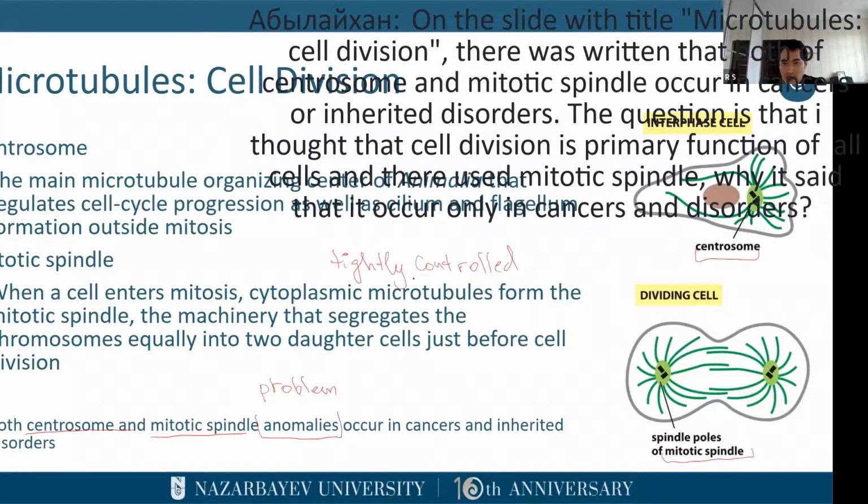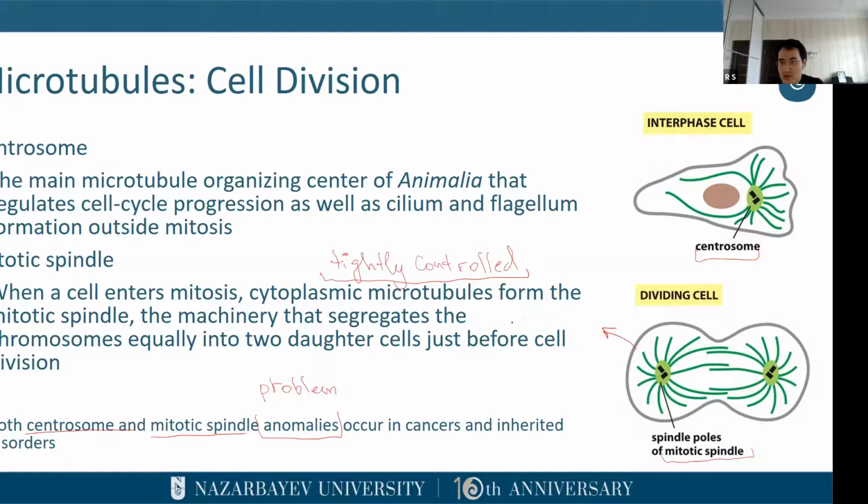If anything goes wrong during the formation of the centrosome or mitotic spindle, the cell would prefer to commit suicide. This means that whatever happens to the mitotic spindle or the centrosome is risky, and the cell really is on the edge to go this way.